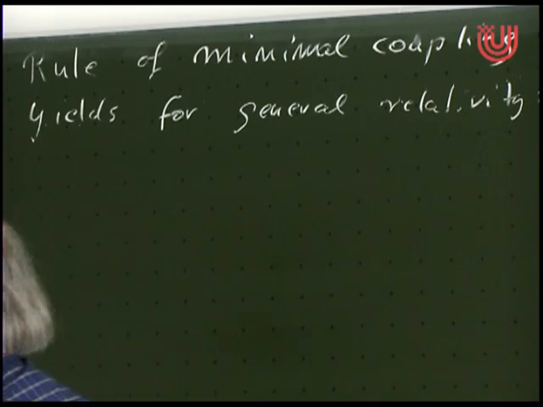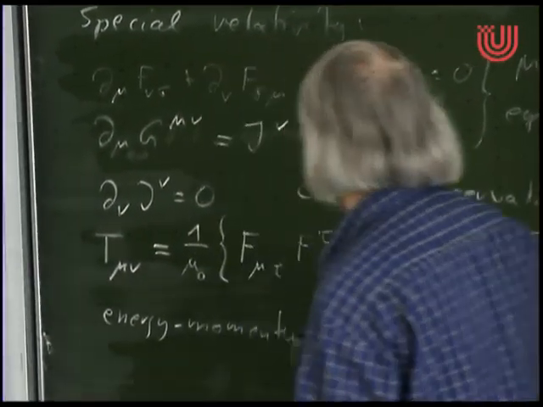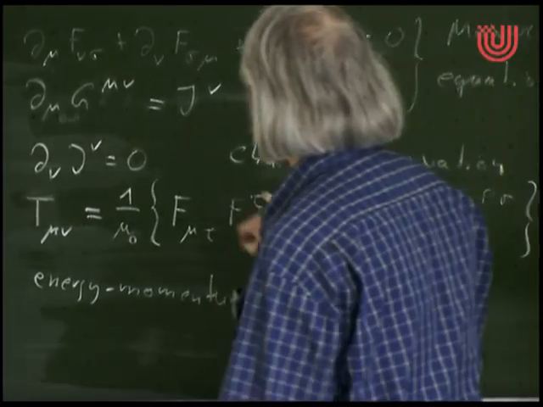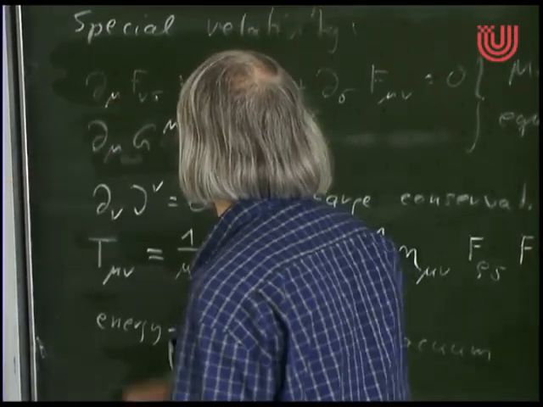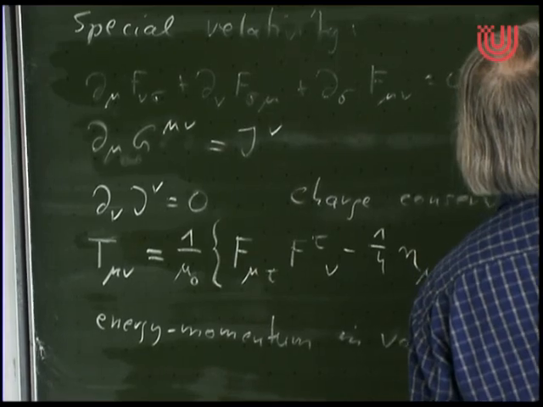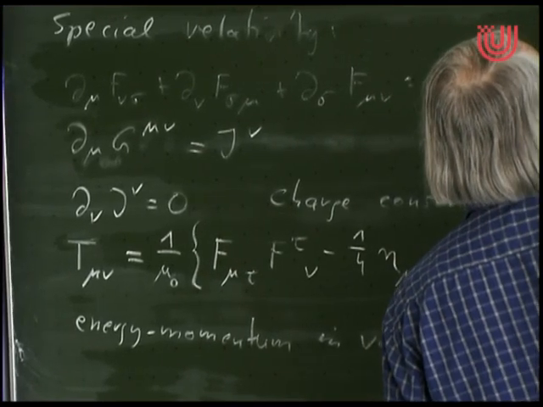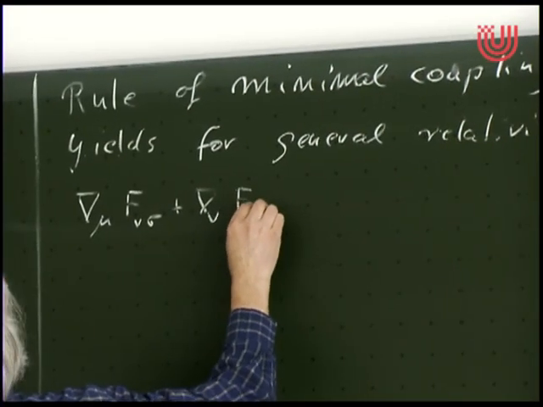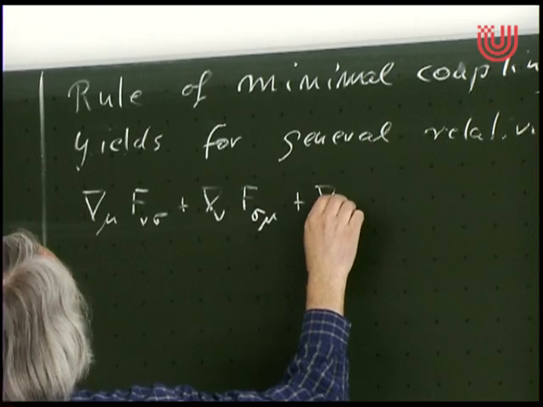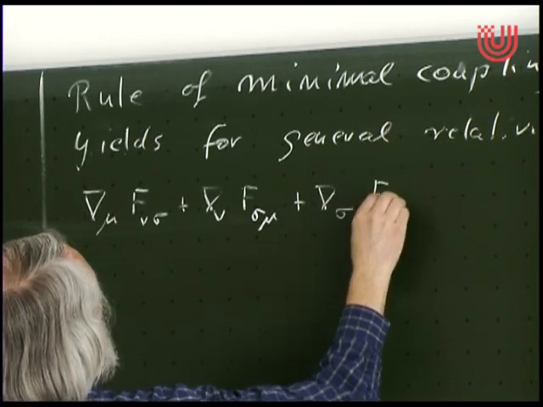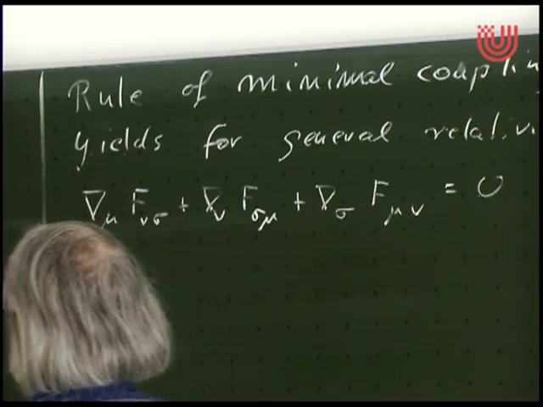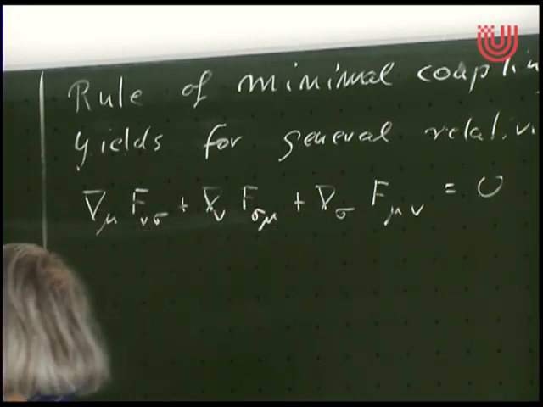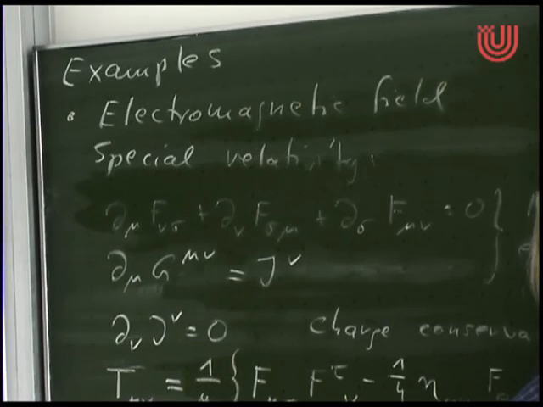What I have to do is replace any eta, here for instance, by a g, and I have to replace any partial derivative by a covariant derivative. So Maxwell's equations are now this here. Plus nabla_nu F_sigma mu plus nabla_sigma F_mu nu is 0. And this becomes a covariant derivative.